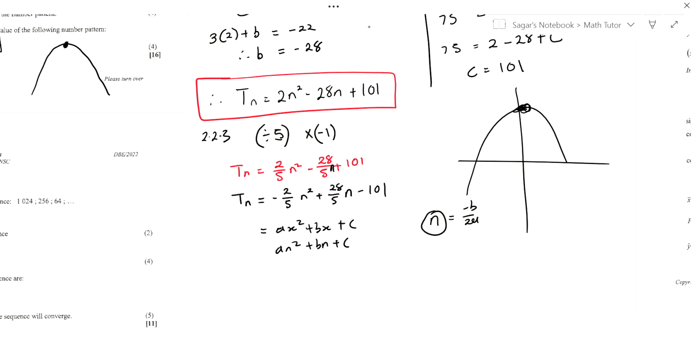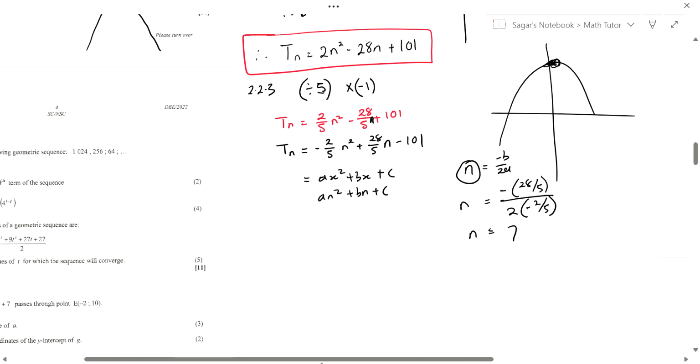So therefore we have the n there. So n is equal to minus b, which is 28 over 5 all over 2a, minus 2 over 5. Right? And I need to put that into the calculator. n is equal to 7.